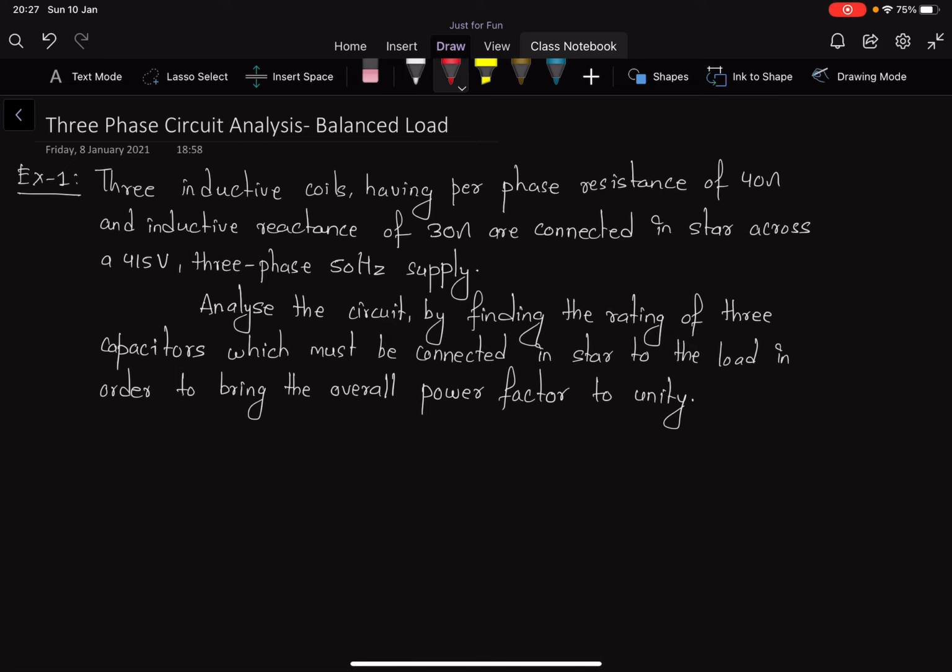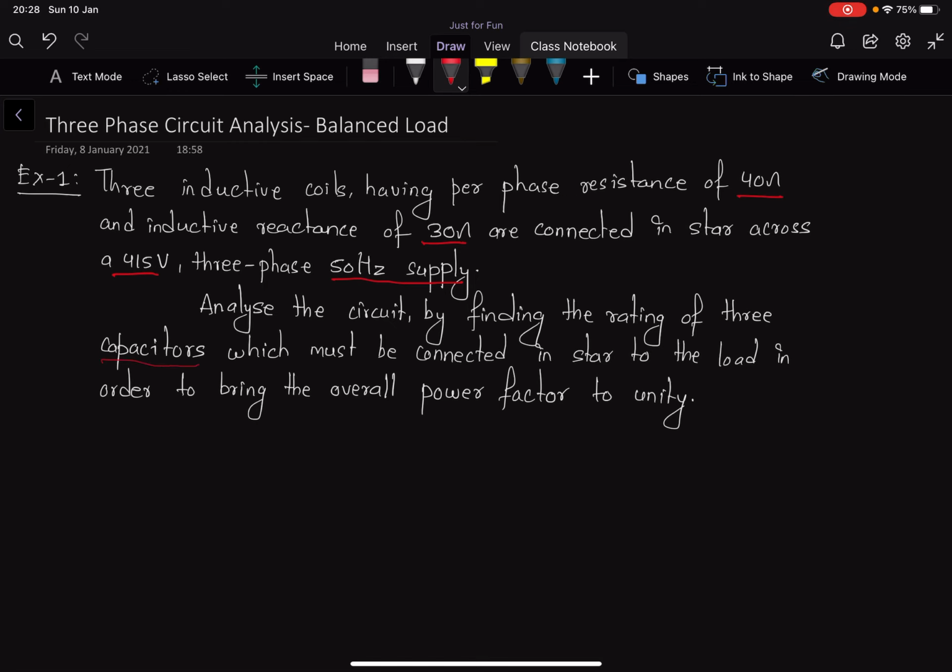So we have a 40 ohm resistor and inductive reactance of 30 ohm connected in star across a 415 volt, three-phase, 50 hertz supply. And what we need to do is analyze the circuit by finding the rating of three capacitors.